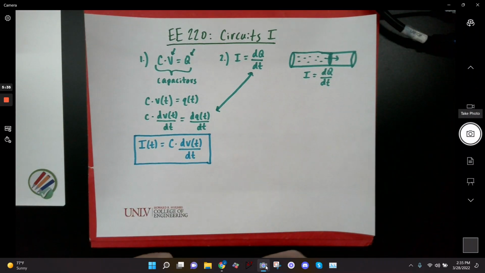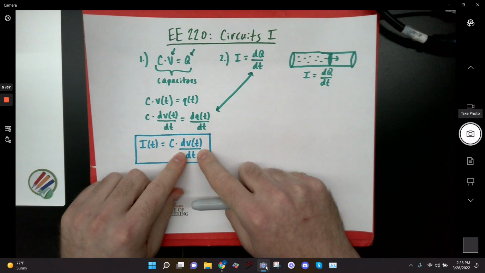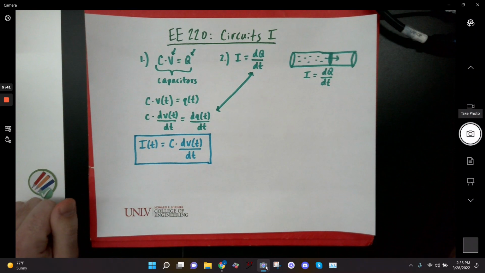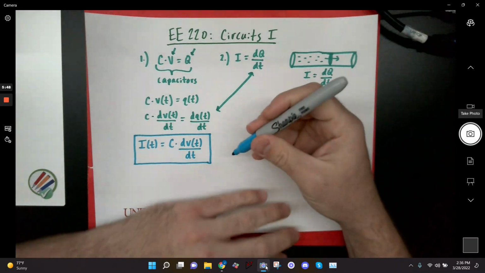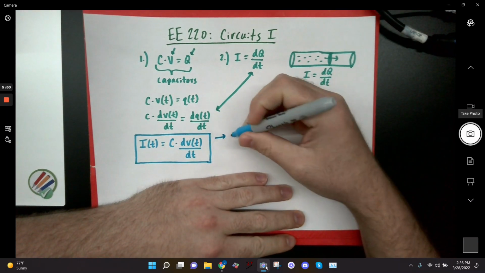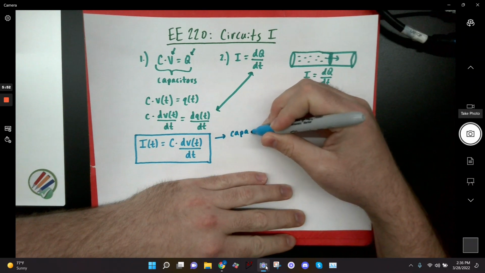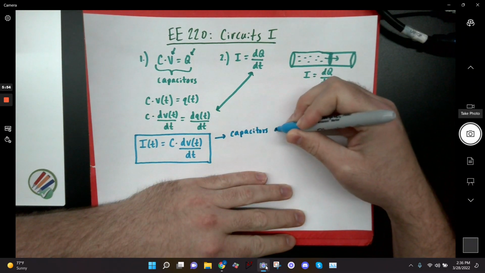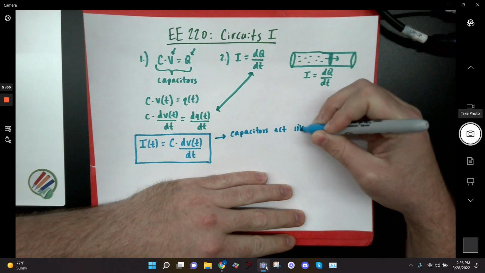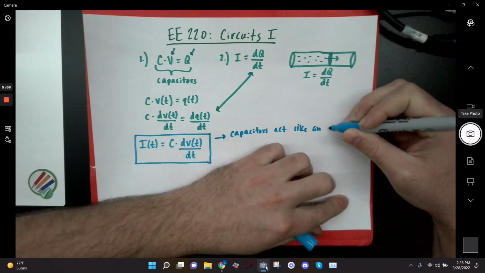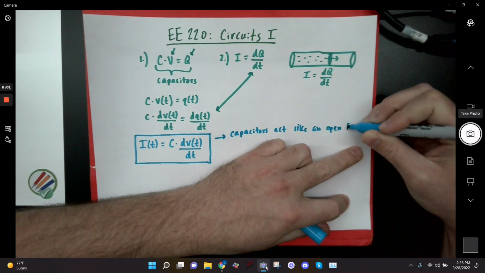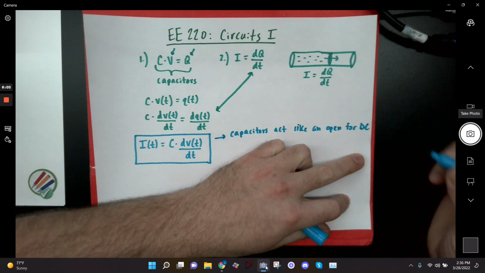Okay, and that means that if my voltage isn't changing, I have no current flowing. So if I just have a fixed voltage across my capacitor like I do in a DC circuit, no current will flow. That brings me to another important point, and that is that capacitors act like an open for DC.